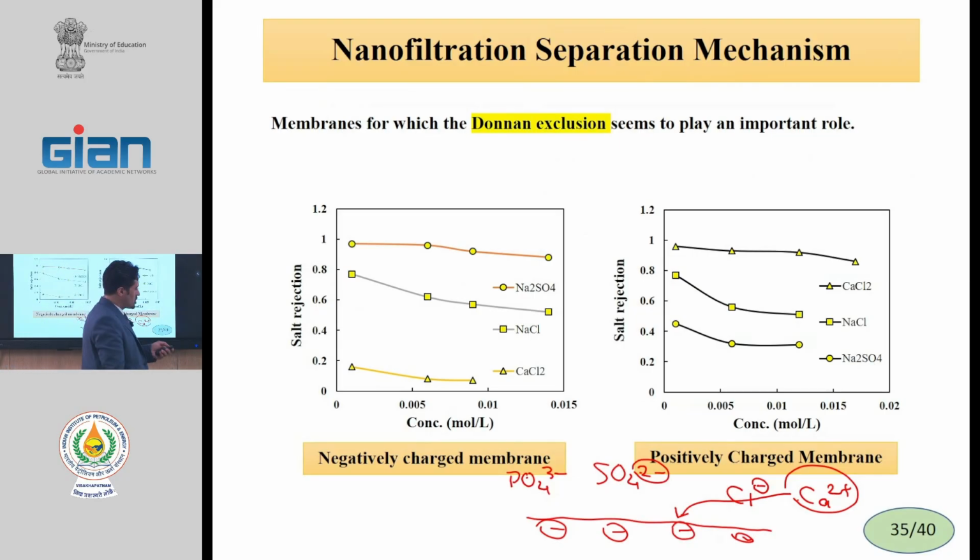In a positively charged membrane, the trend is reversed: calcium 2+ is more rejected, sodium is moderate, and sulfate is lower.